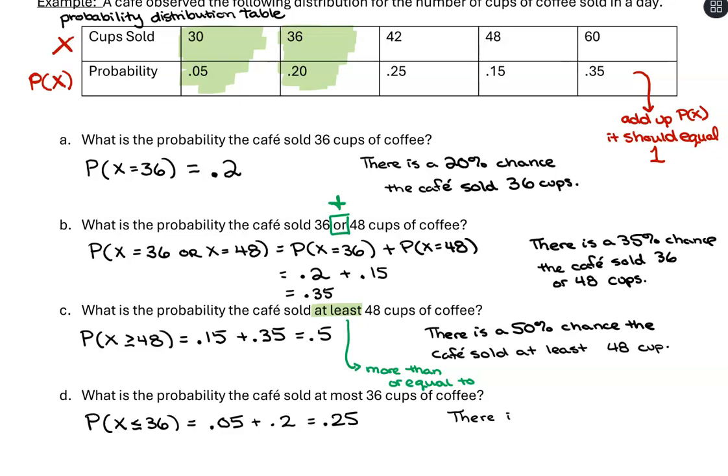So there is a 25% chance the cafe sold at most 36 cups of coffee. So if you see at most, that's going to be the equivalent of less than or equal to.